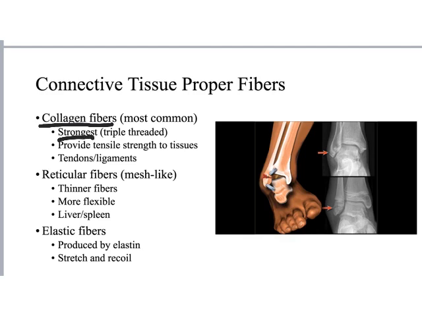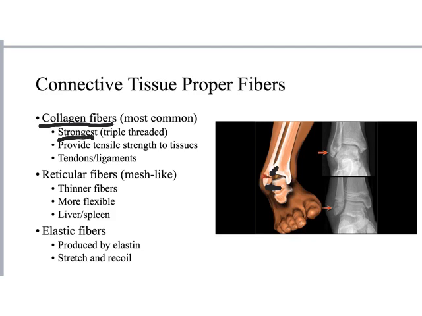Think of a rope that has three pieces of rope braided together, how strong that rope will be because of the three strands. So we're going to find collagen in areas that require quite a bit of strength. For example, in tendons and ligaments, holding bones together and holding muscles to bone.